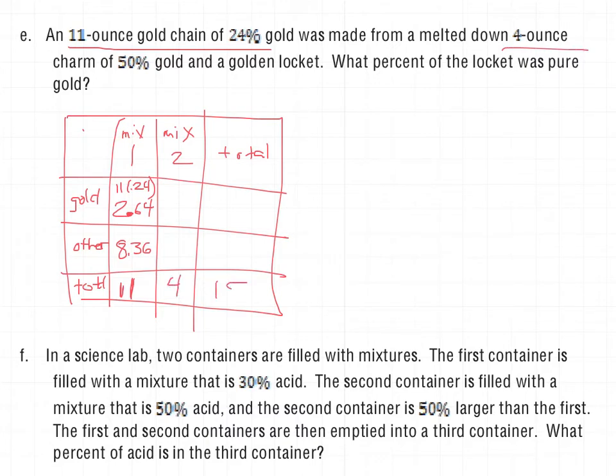That means we're going to have a total of 15 ounces of stuff. And 50% of that is gold. Actually, that one we can calculate in our head. 2 ounces of that, which means 2 ounces is going to be other stuff. That gives me a total of 4.64 ounces of gold, 10.36 ounces of other stuff.